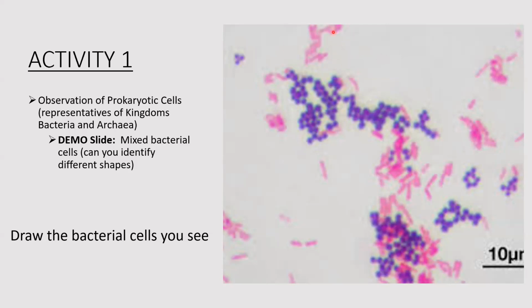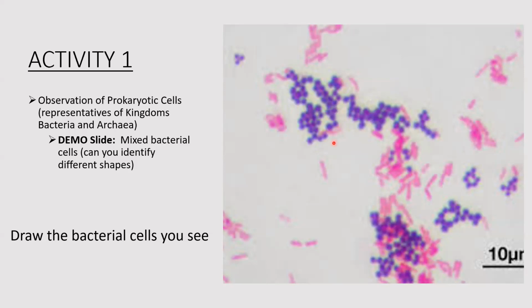But essentially, it's going to stain the bacteria either pink or purple. And as you can see here, one bacteria is pink, one bacteria is purple, and that just means whether it has a gram-negative or gram-positive cell membrane or plasma membrane.